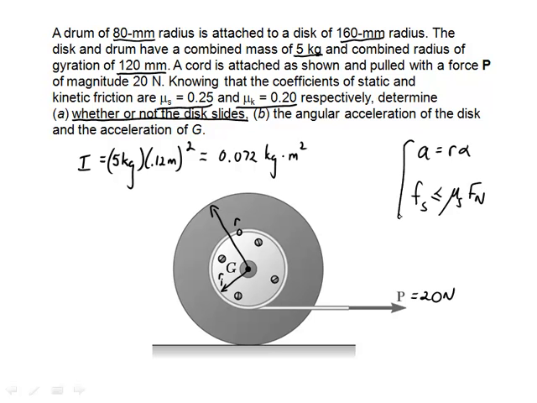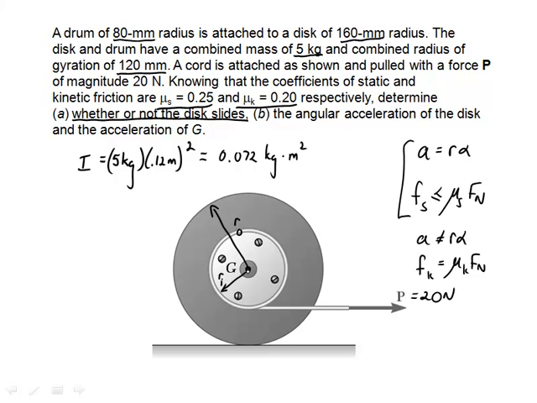So these equations hold if it's rolling without slipping, but if slipping is taking place, A is not equal to r alpha, but then I do know that the frictional force is kinetic, and that's equal to mu kinetic times the normal force. Alright, so we need to start with a force diagram.